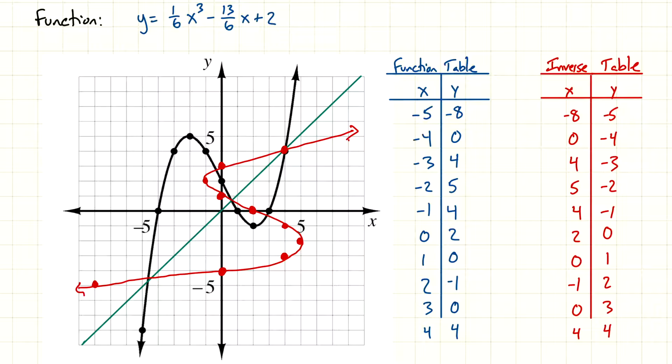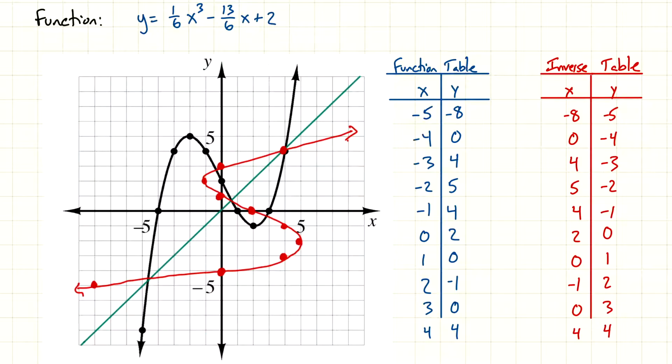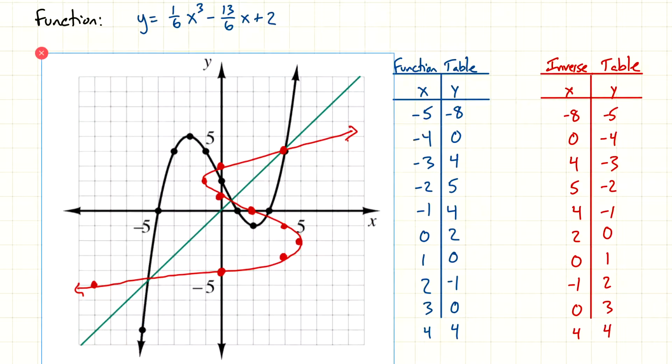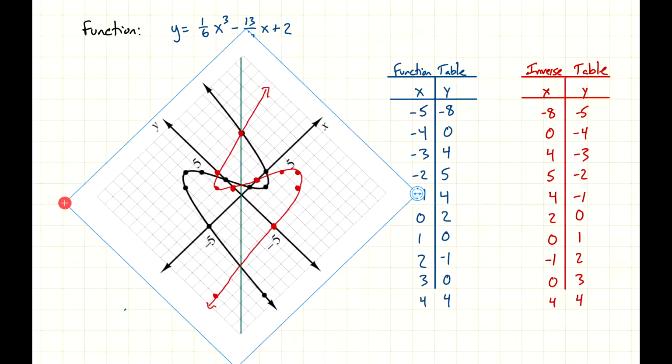It still looks like one arm up, one arm down, except it's been flipped across that line of symmetry. So let's see if I could rotate this for us. Oops. So it's sometimes easier to see like this.